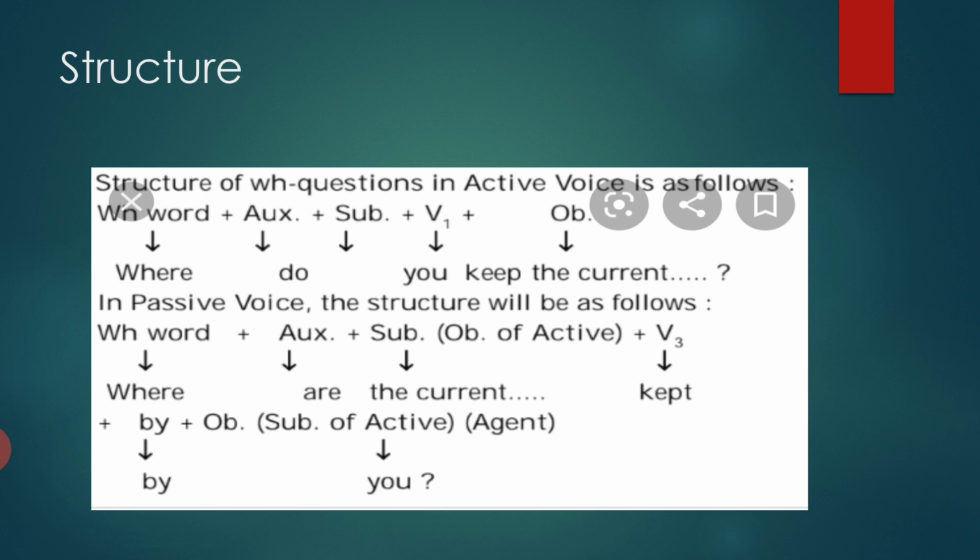So object, then V3, then by, and the subject of active, or rather the object of passive, means me, I, you, he, she, it, etc. So this is how: where do you keep the current? Where are the current kept? Because the current is plural, so you have to use are.